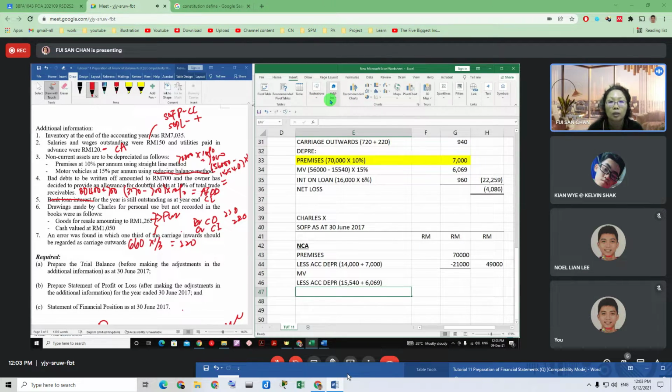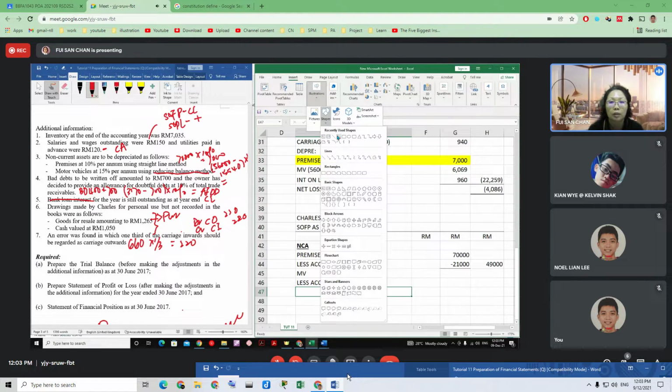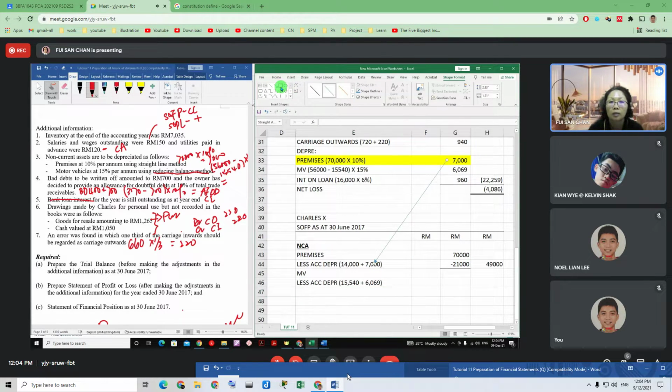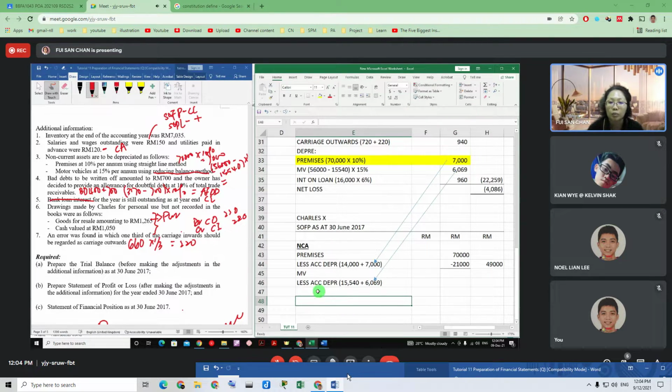This part you already learned in your depreciation chapter, I'm not teaching you something new. Because 14,000 is what you brought down from last year, then you need to add your current year, then it becomes your total. Remember, accumulated depreciation, the amount is getting bigger and bigger.